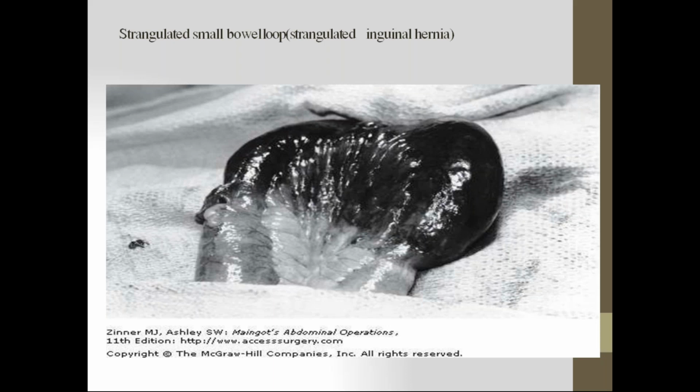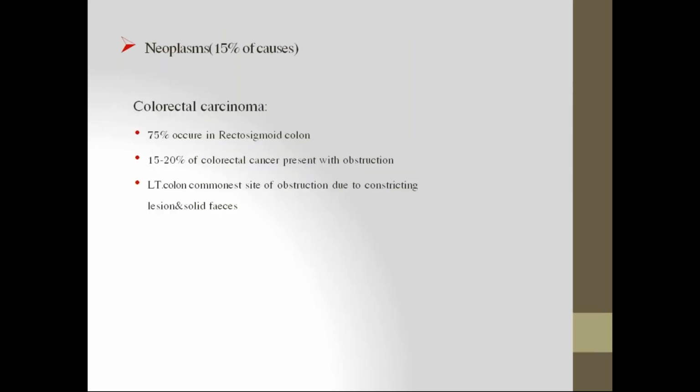So in those cases requiring bowel resection, we need to assess the status of the other bowel also. So the grossly discolored and the gangrenous bowel should be resected, and then depending upon the conditions, end-to-end anastomosis or side-to-side anastomosis can be performed.